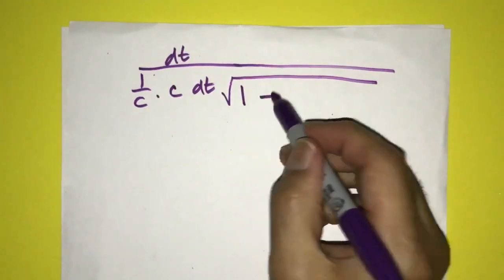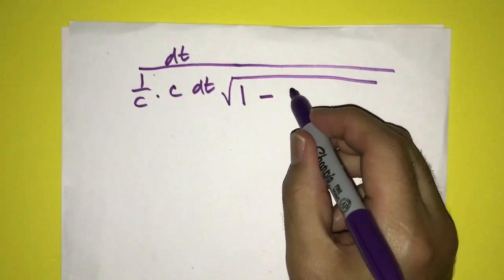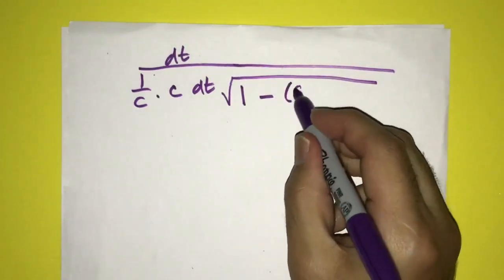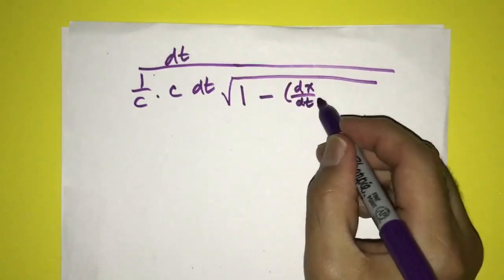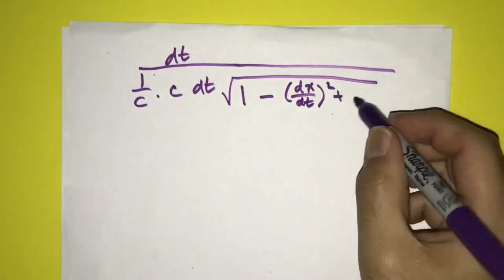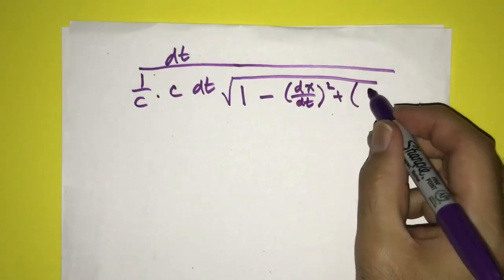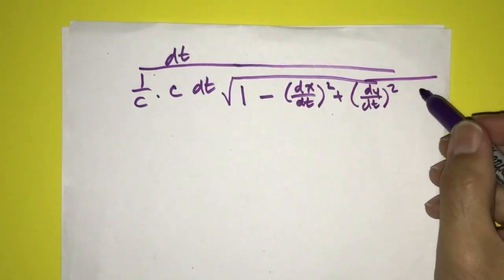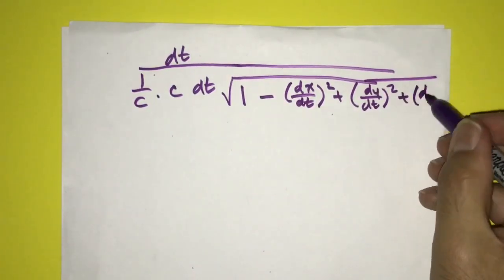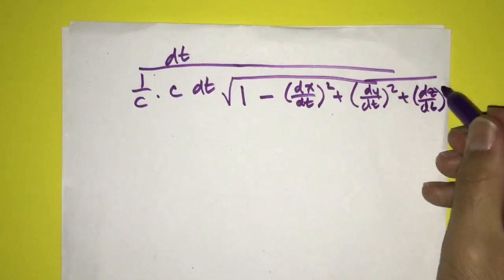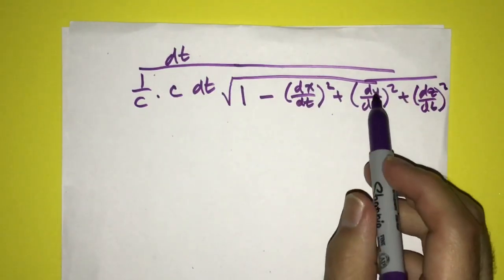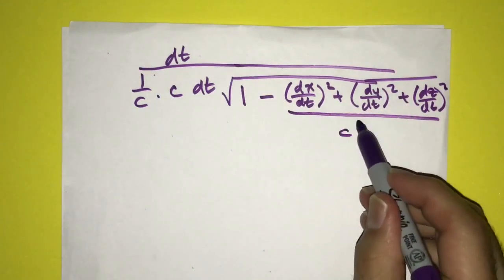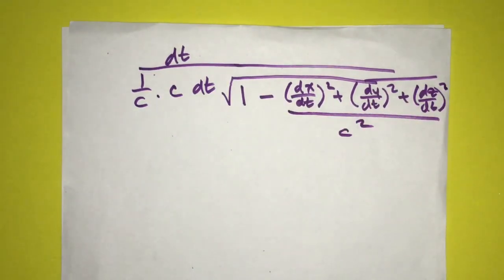So we got 1 minus, okay, so now we have dx over dt squared plus dy over dt squared plus dz over dt squared. And we have all this being divided by c squared.